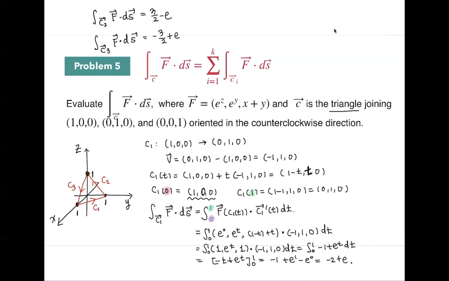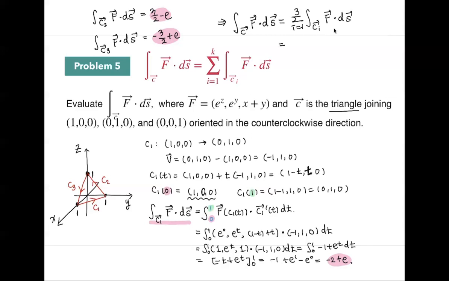So this one, this one, this one added together. Then our integral over C of f ds would be given by these three things: sigma from i to 3, integral over Ci of f ds.